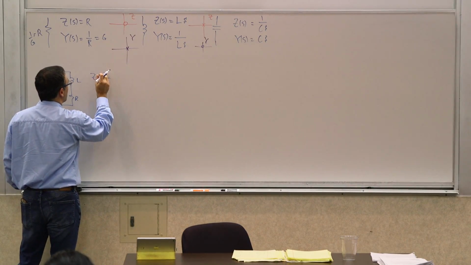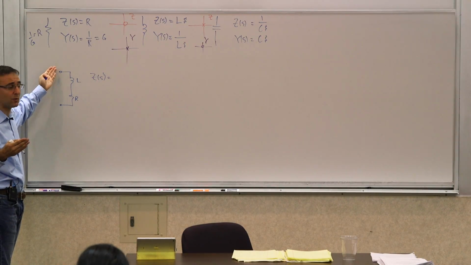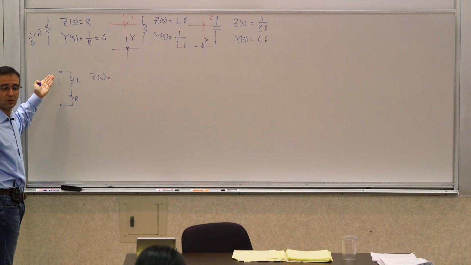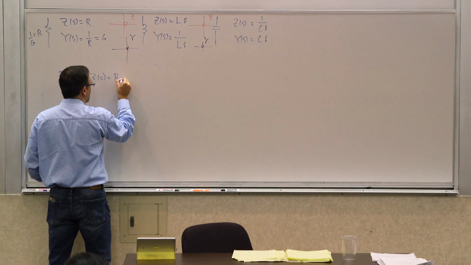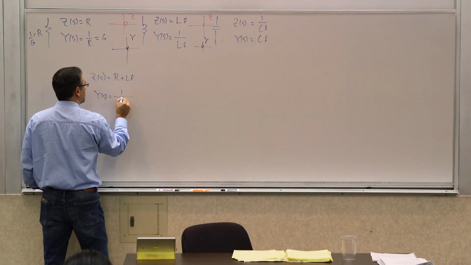Should be pretty straightforward, because impedances are like resistors. They add when they are in series, right? So what is the impedance of this thing? This should be trivial. R plus LS, right? And the admittance is going to be 1 over that.